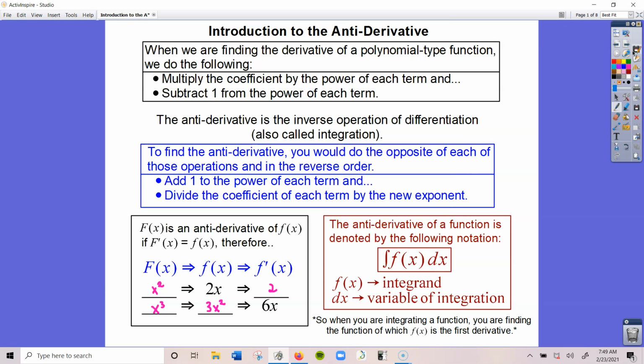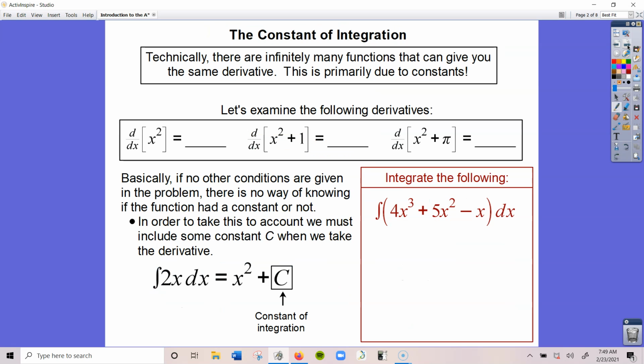So let's look at one more thing before we start practicing integration. If you were to find the derivative of x squared, we get 2x. If we were to find the derivative of x squared plus 1, we get 2x. And if we were to differentiate x squared plus pi, we get once more 2x.